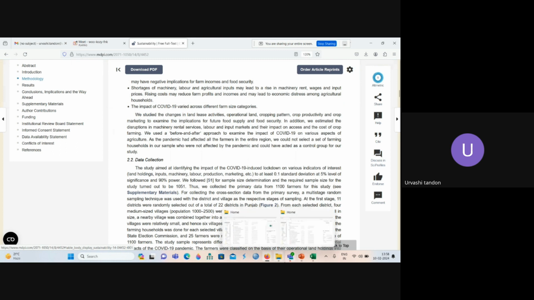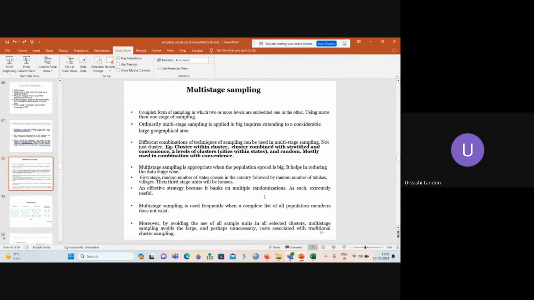Again, it's my suggestion to all of you, depending on the sampling frame, here now we are working with the farmers, or let's say you work with hospitals, right? First of all, let's say you divide the North India zone into 5 clusters. Out of those 5 clusters you pick up 3 clusters, and from those 3 clusters you pick up randomly, conveniently and randomly, the hospitals, those who are practicing telehealth solutions, for example.